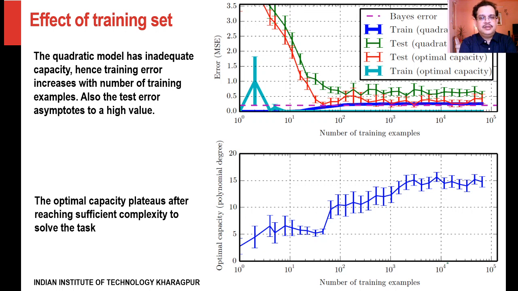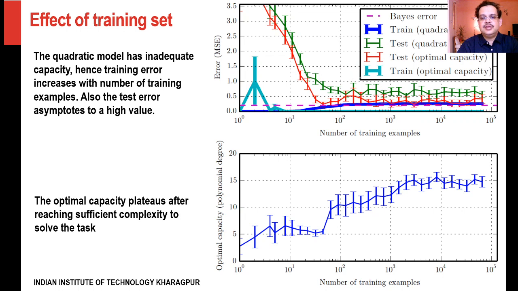So if you look at this data, let's see what are the components of this. Yeah, this blue refers to the training with a quadratic function.